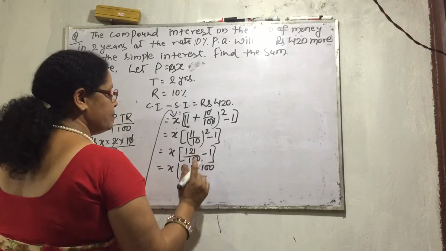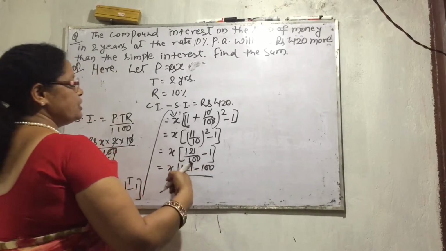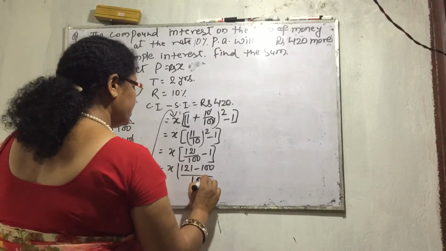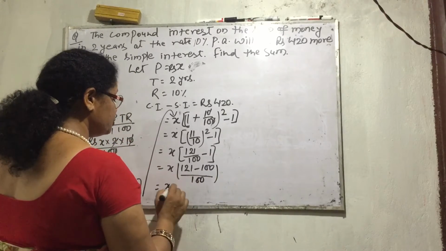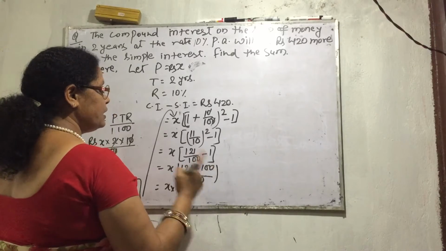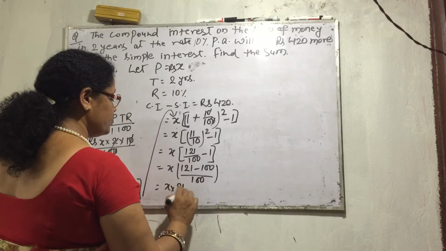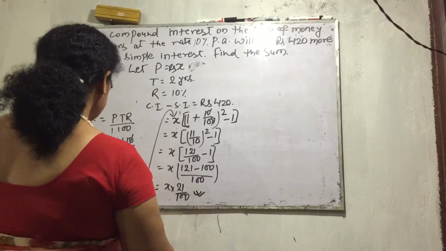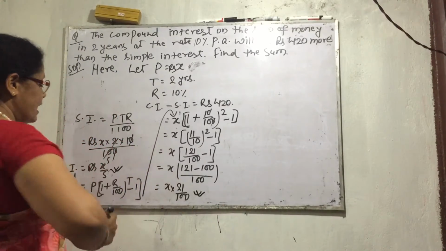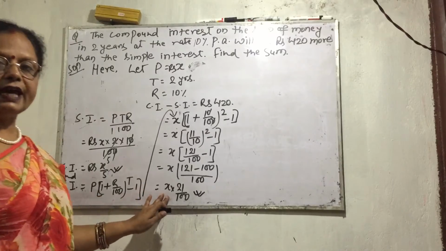We have taken LCM here. It will be 121 minus 100 divided by 100 equal to X into 21 by 100. This is CI and this is SI. Both are in terms of X.